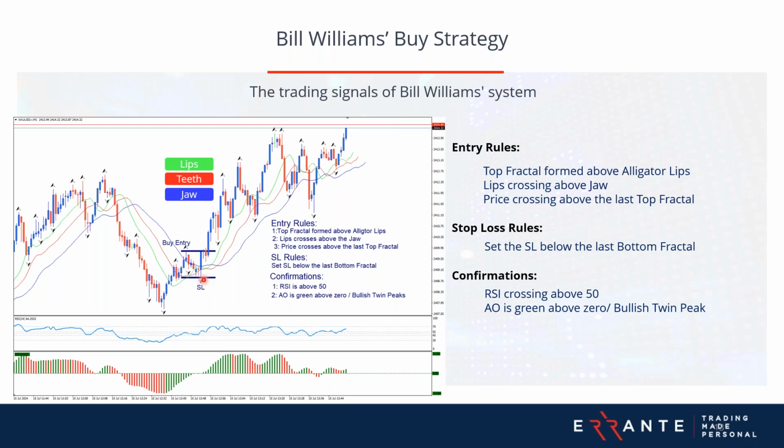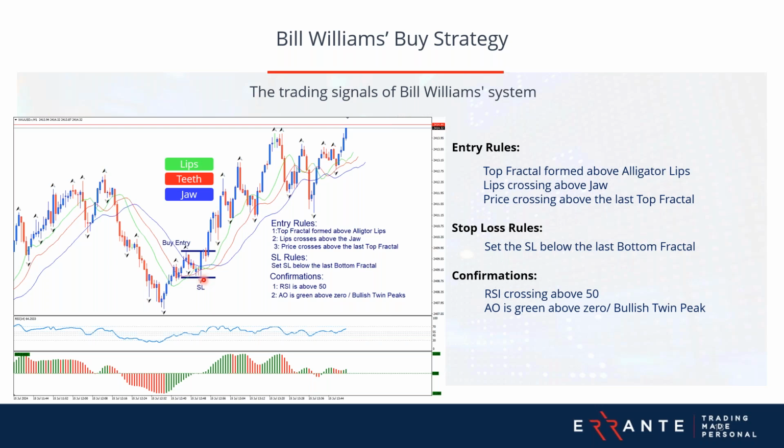So wait for all conditions to be met before entering a trade to avoid premature entries, and also consider entering with a partial position and adding to it as the trend confirms itself, because the Bill Williams trading system is very adapted to market trends.